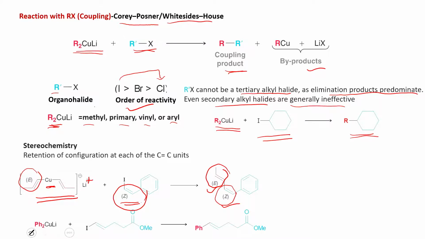Like if you treat this Gilman reagent with this iodide, the stereochemistry will remain the same. No inversion of configuration.